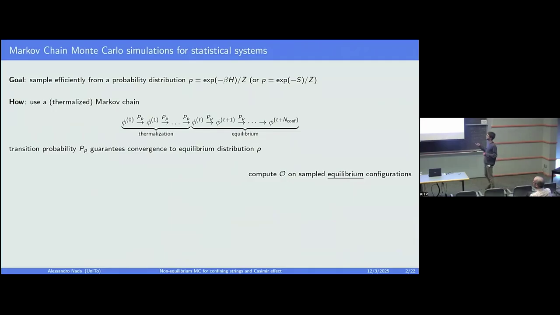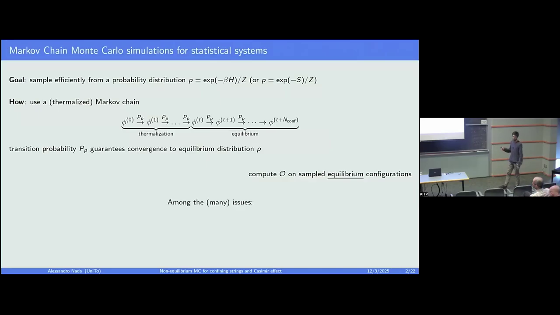So you start from some random or some cold configuration phi, and then you apply what we call the transition probability, which is defined according to some equilibrium distribution P, and under certain criteria of the Markov chain, antecedent conditions, you know that at some point the Markov chain will converge to the equilibrium distribution that you want. Now, eventually you will compute your observables of interest on the equilibrium configurations.